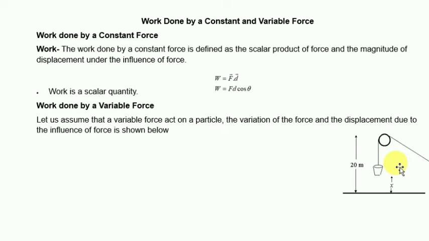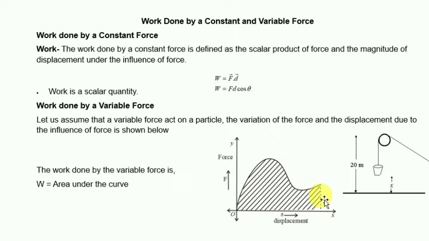At different points we require different forces to be applied to this bucket, so we have formed this graph of force versus displacement, where at different displacements we have different forces.